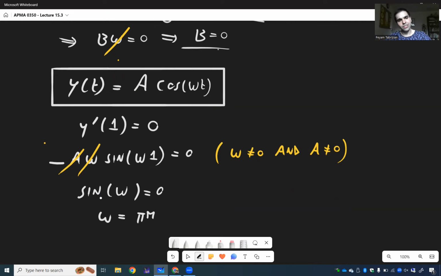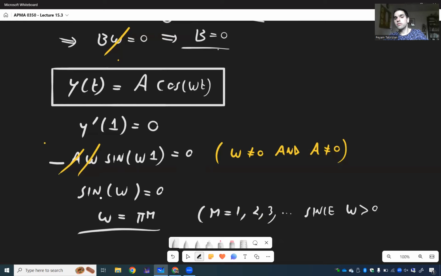And once again, who is here to save the day? Pi m. So in this case, omega is pi m, where, again, we want omega to be positive, so m is from 1 to infinity. So always, if you are wondering where the starting point is, always figure out when omega is positive.